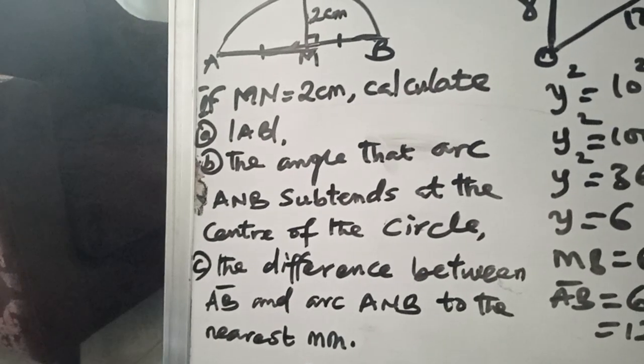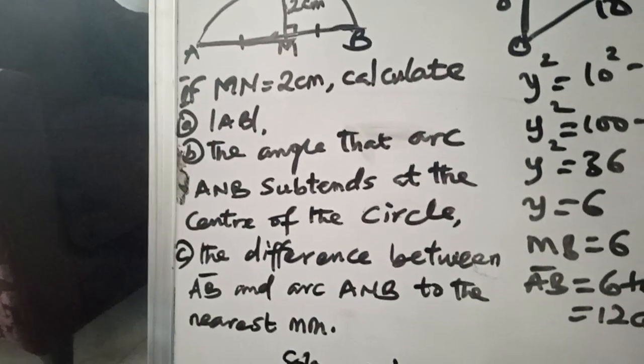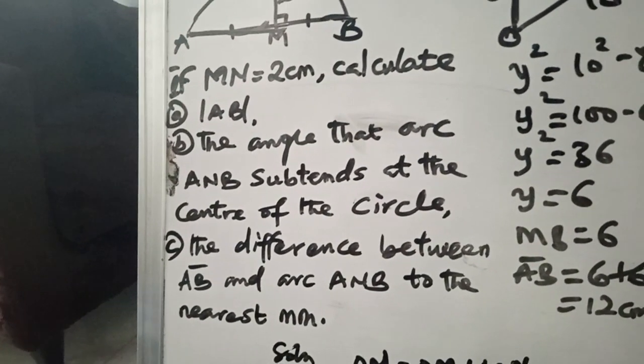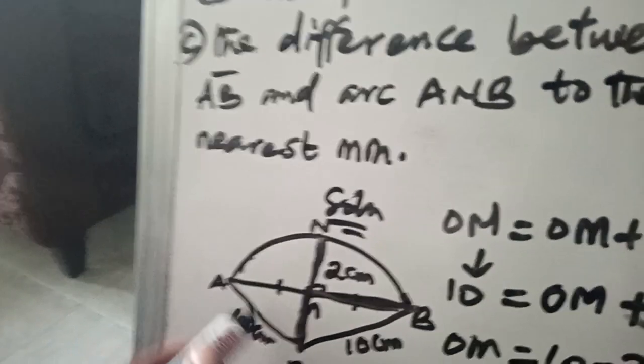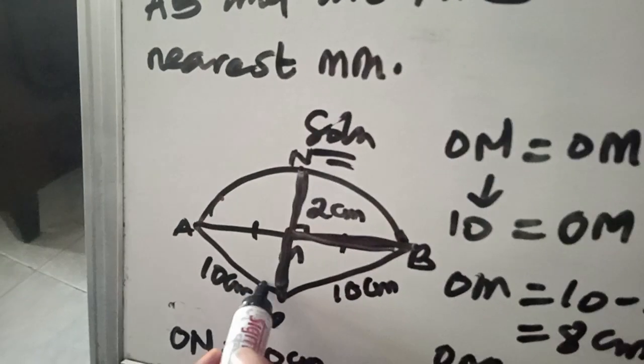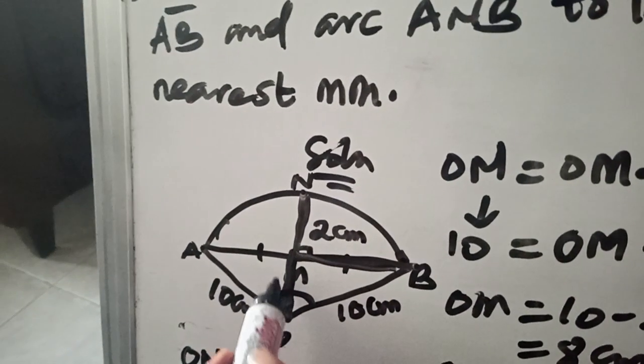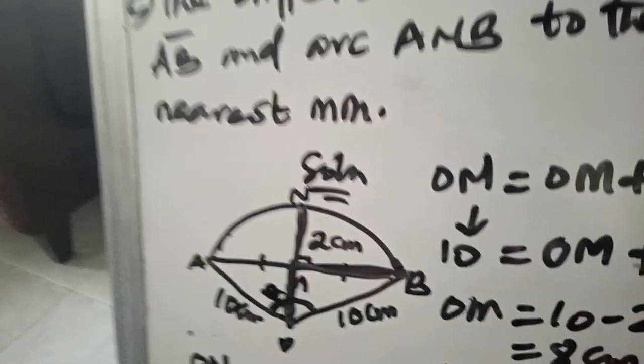Now the next question says we should find the angle that the arc subtends at the center. So if you have to get the angle, the angle will be here. Let's say this is the angle, which we are going to call theta.